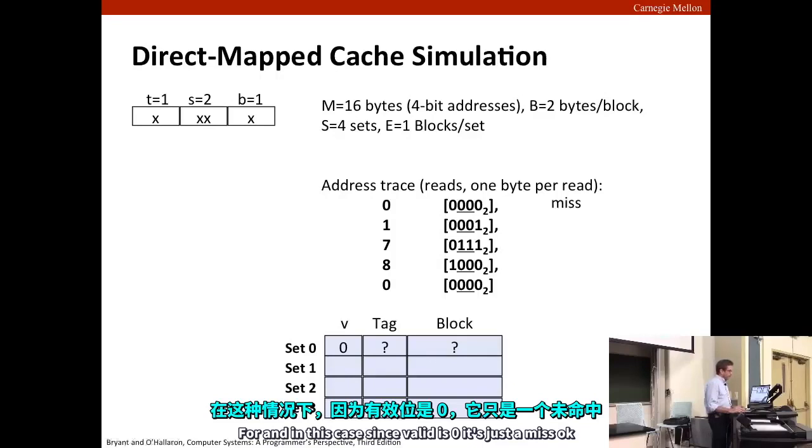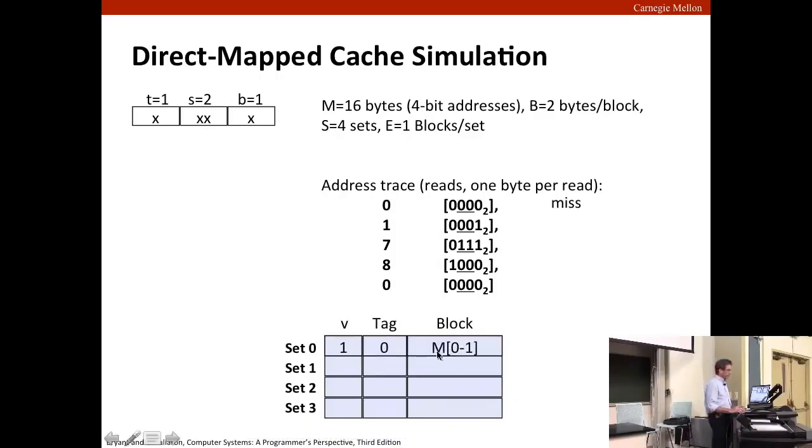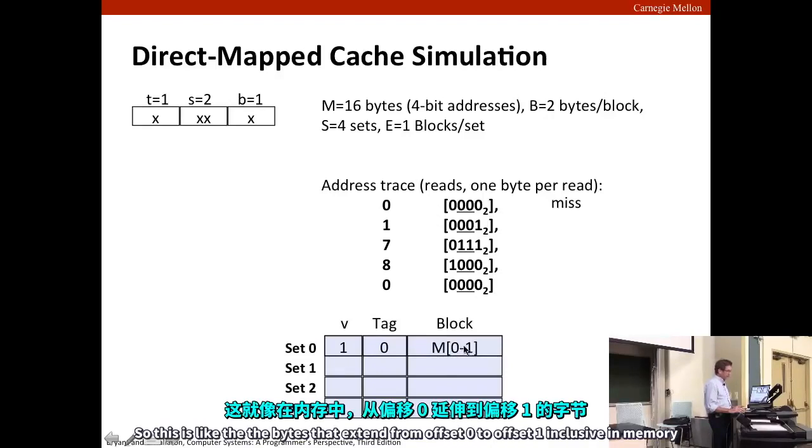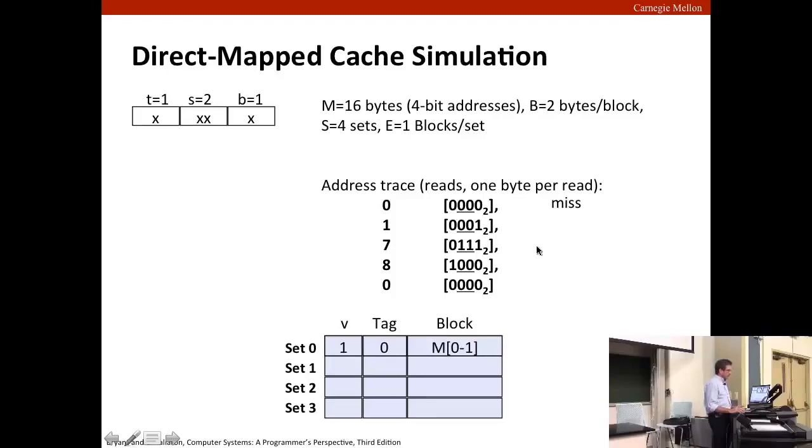Since valid is 0, it's a miss. So it fetches that block from memory, using array notation for memory: the bytes that extend from offset 0 to offset 1 inclusive. The tag bit is 0, and the valid bit is 1.